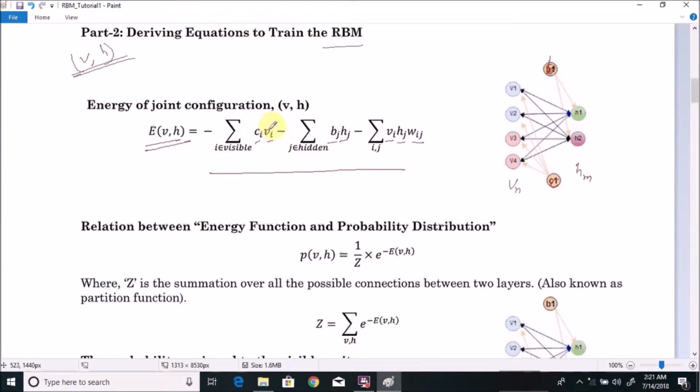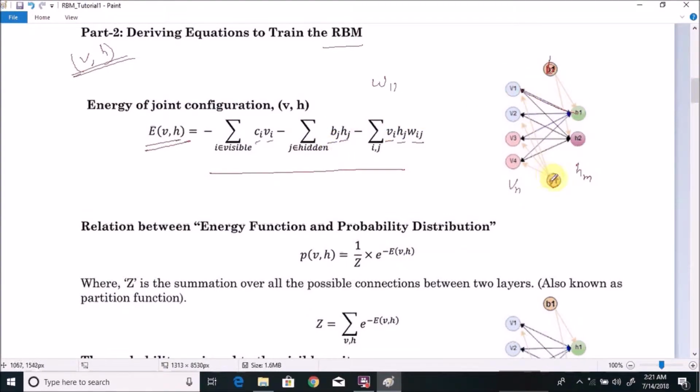So here you can say that Vi represents the ith visible unit, Ci represents the ith bias attached with visible units, similarly Bj is the bias attached with hidden unit Hj, and Wij represents the weight between the ith visible unit and the jth hidden unit. So W11 will be here the weight between V1 and H1.